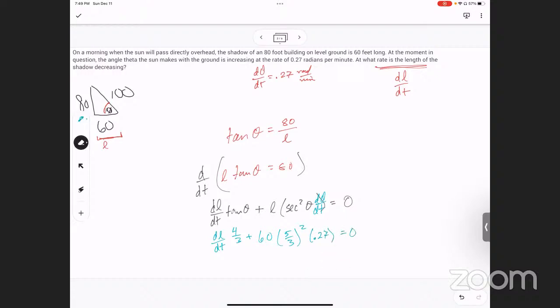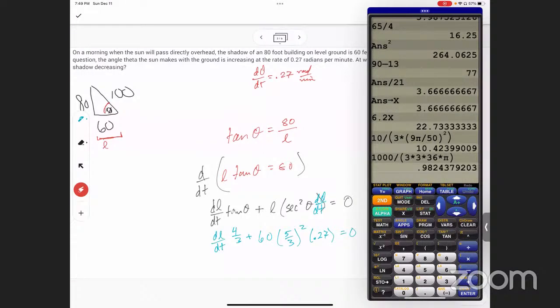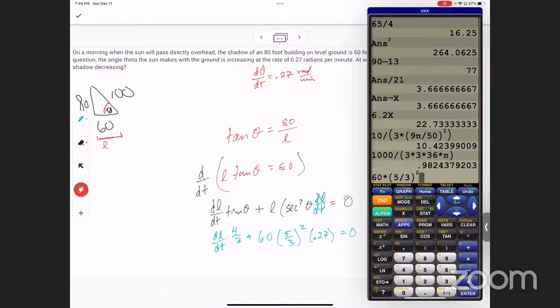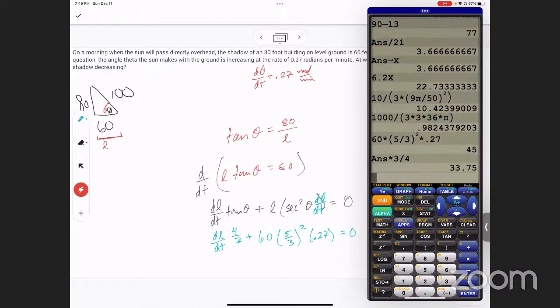And so now I solve that for dl dt. Basically subtract this whole thing and then multiply it by 3/4. Let's see if that works out. 60 times 5/3 squared times 0.27, and let's multiply that by 3 and divide it by 4, and then the negative, our answer is going to be negative.